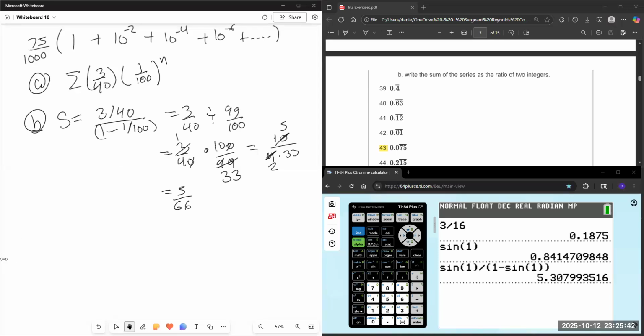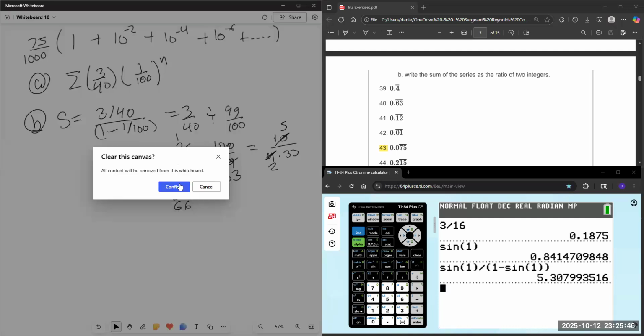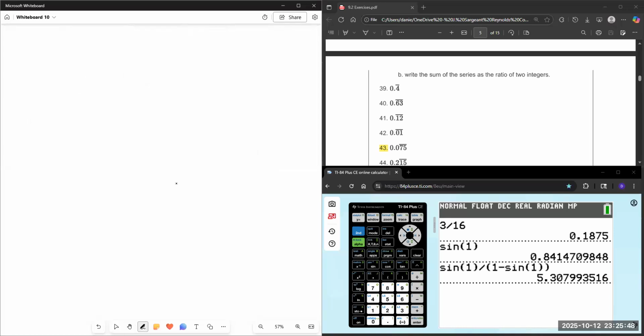Now, let me go ahead and show you the other way. It comes out to be relatively the same thing. If I have 0.075 repeating, and I'm going to call that x, this is my pre-algebra way. This is not the calculus way, so don't do it this way unless the teacher tells you to. Then if I take 1000 times x, I get 75.757575 dot, dot, dot, right?